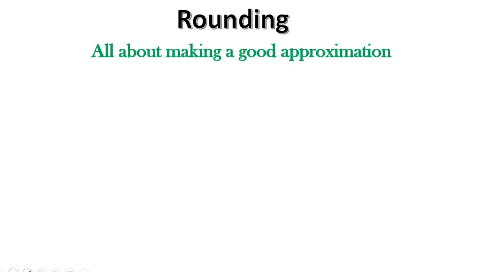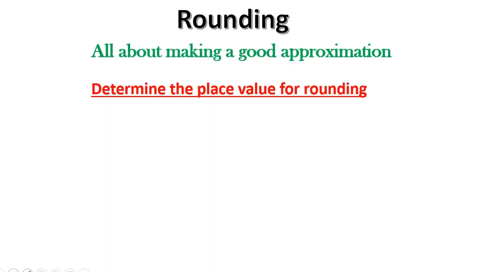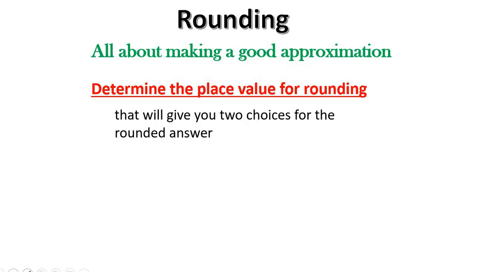Alright, and so again, let's just review what we did. It's just about getting an approximation. Our first step was make the decision. What place value are we rounding at? Let's find that digit that's in that place value, which tells me I'm going to have 2 potential options for my answer.